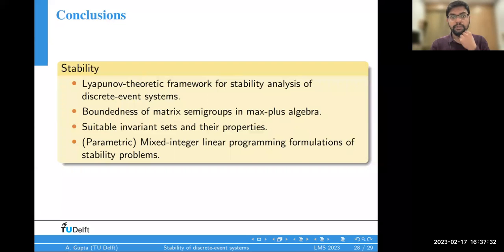I derived those tools, and I used them to study the boundedness of matrix semigroups in max-plus algebra, and to find suitable invariant sets and their properties. And I can formulate a lot of problems as mixed integer linear programs.